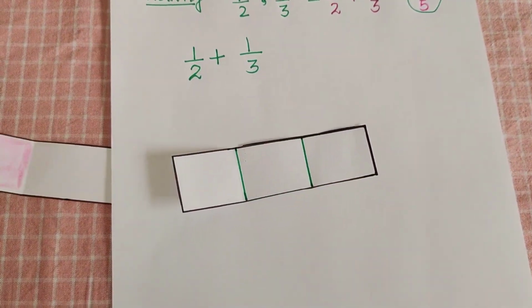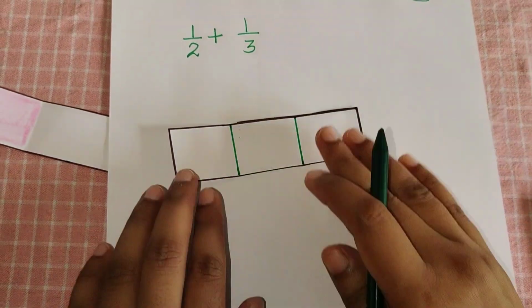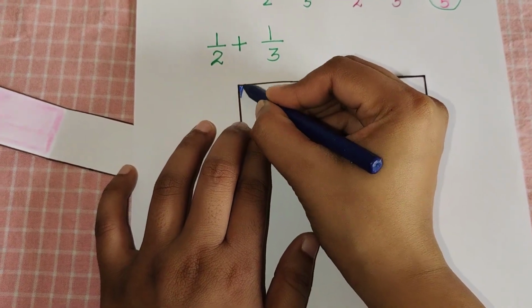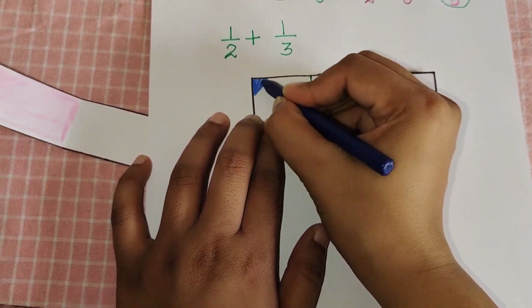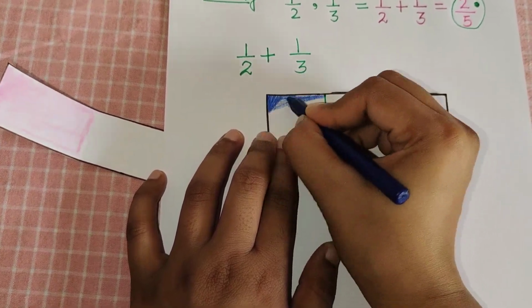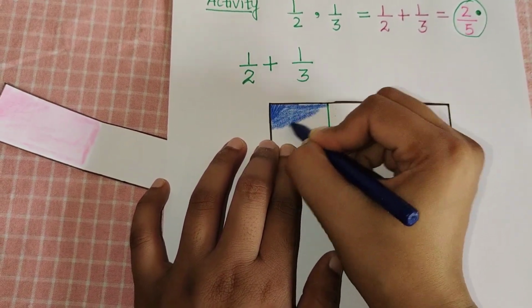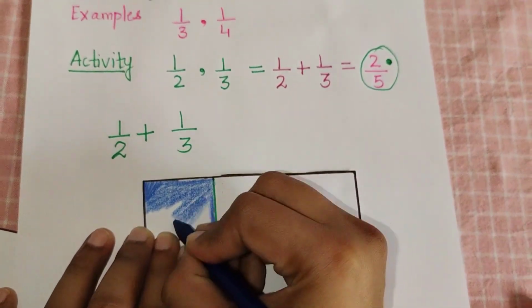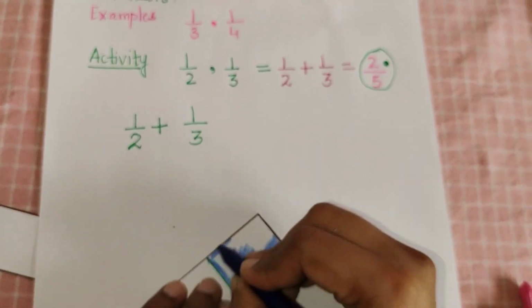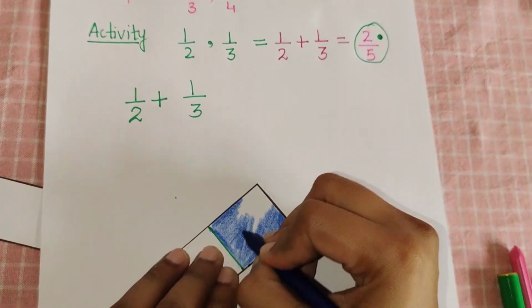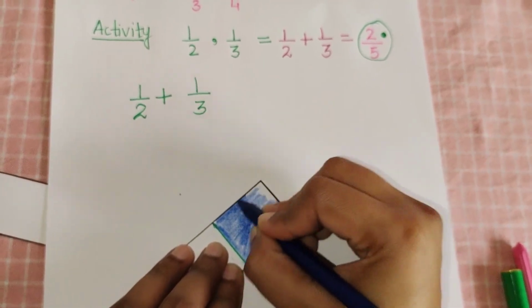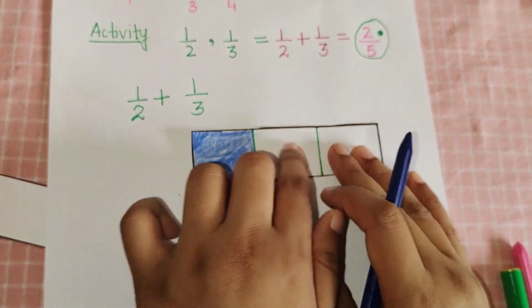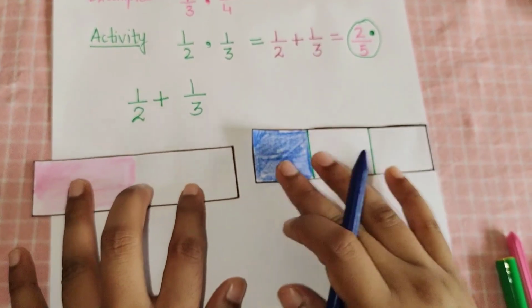So it is again suggesting you to shade one part out of 3. Shade any one region. In this way we have shaded 1 by 3rd part and here 1 by 2 part.